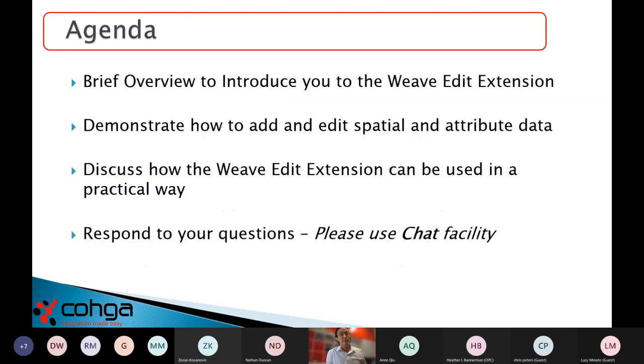Today's agenda: I'll briefly introduce you to the Weave Edit extension. Lucy will do a demonstration on how to add and edit spatial and attribute data. We'll discuss how the Weave Edit extension can be used in a practical way, and we'll respond to your questions. If you could keep your questions at this stage to the chat facility, that'll avoid everybody bombarding through the meeting itself.